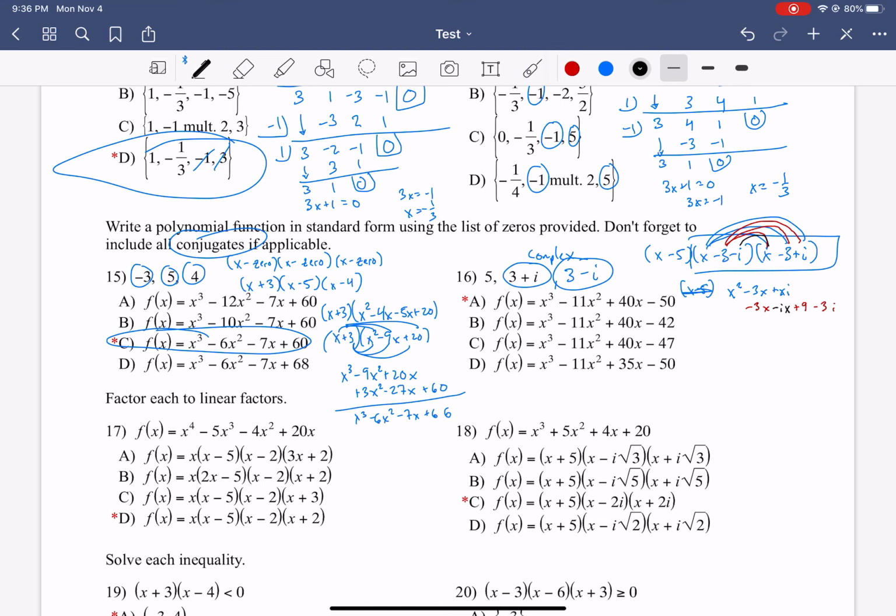All right, and then lastly, negative i times x. Oops. All right, negative i times 3, negative i times negative 3, and then negative i times i.